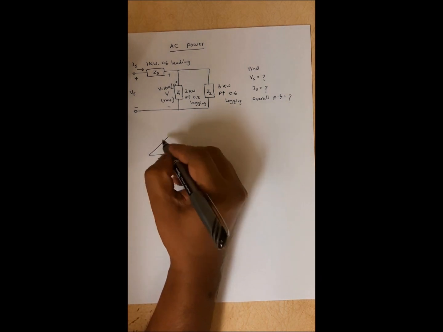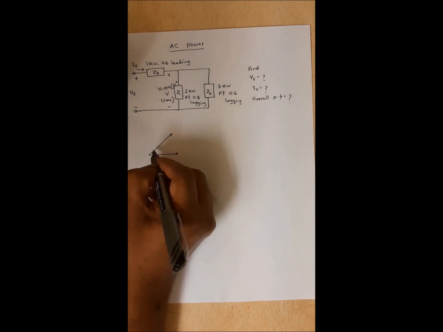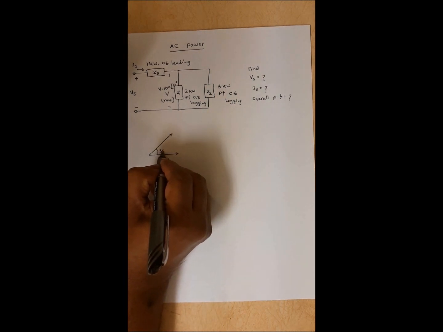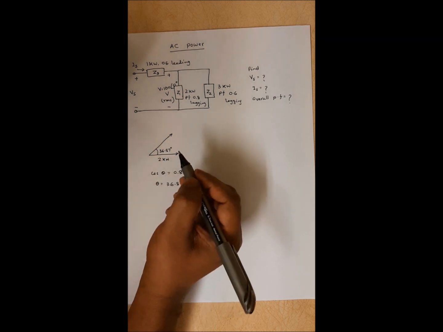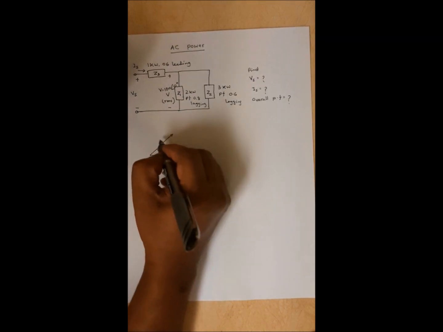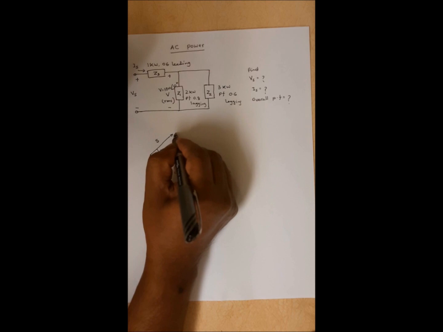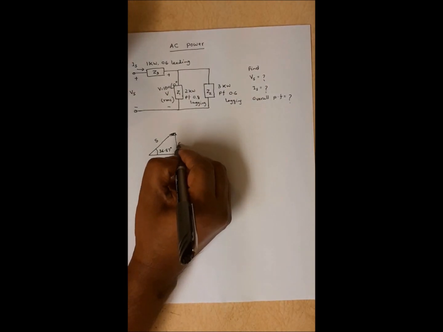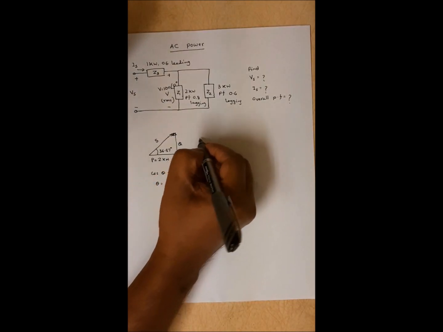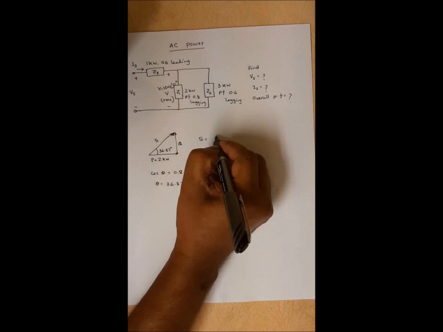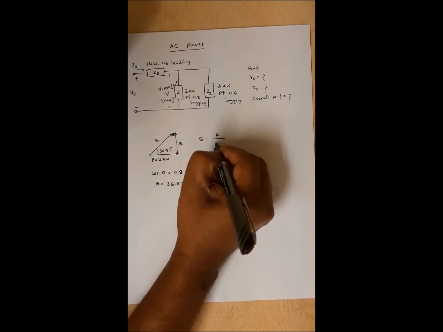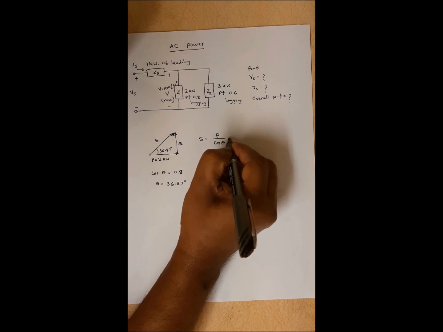Let me draw this. It is lagging, so I should draw it on top. This is 36.87. Now if you want to find the apparent power and also the reactive power Q, this is P. So S will be P over cosine theta.